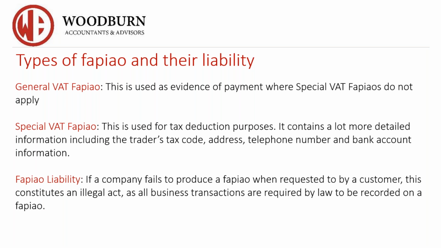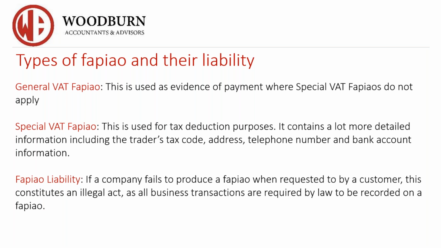Just the same as expenses, if you are an individual that is accumulating expenses that will be reimbursed by your company, the only way to reclaim a business expense will be through a valid Fapiao, okay? And in China, the accounting system is all based on an operation of Fapiaos.